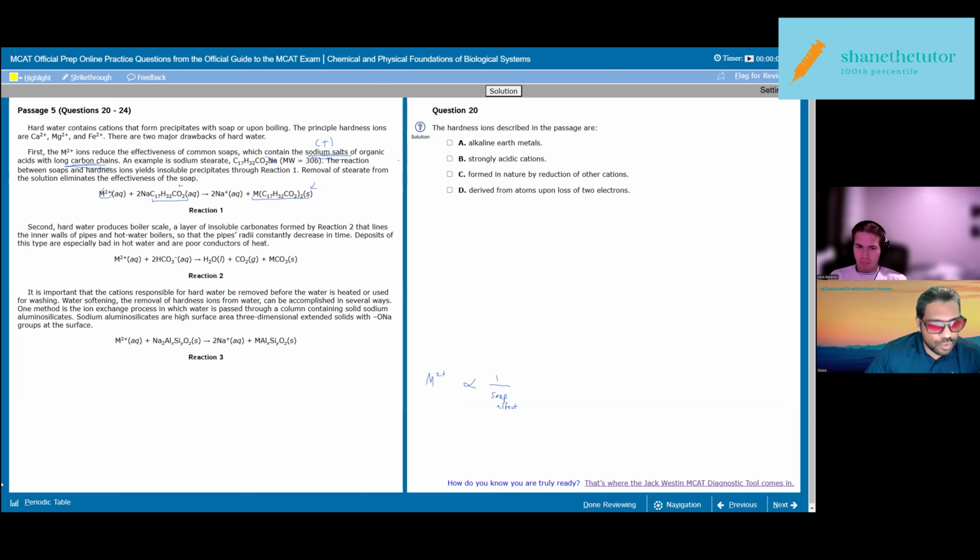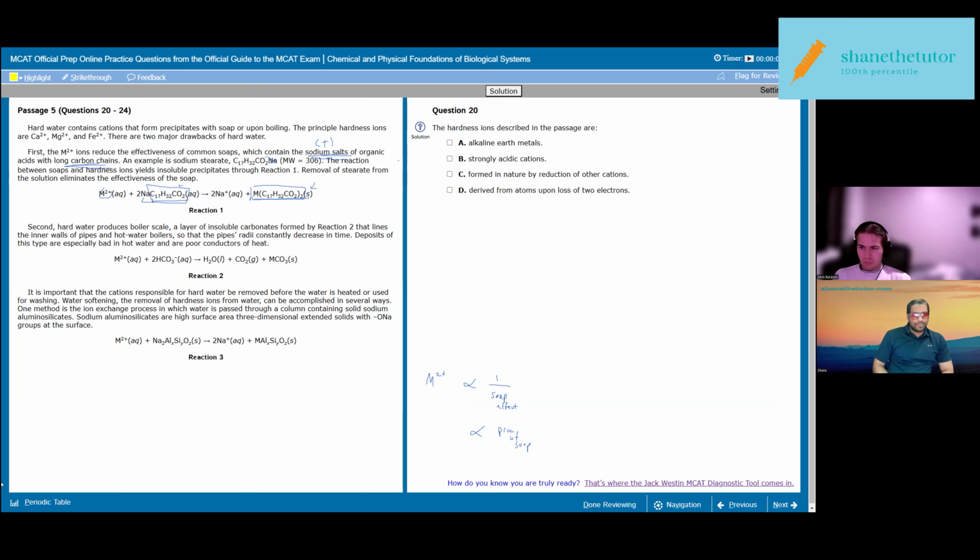This form you want it to be in, but when it's precipitated, it's no longer effective. So I'll say proportional to precipitation of soap, and that means it's less effective.